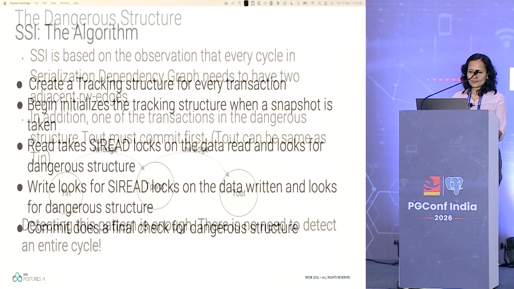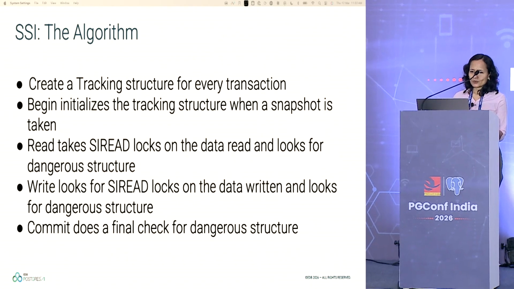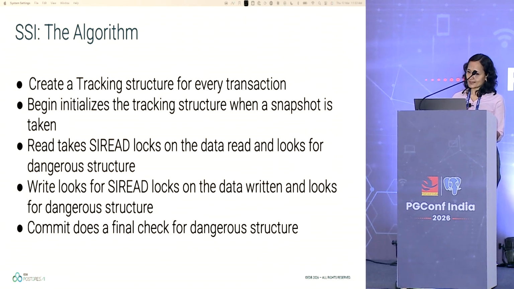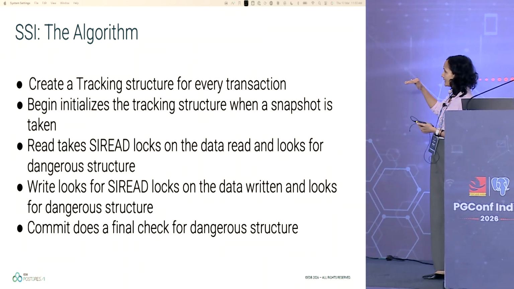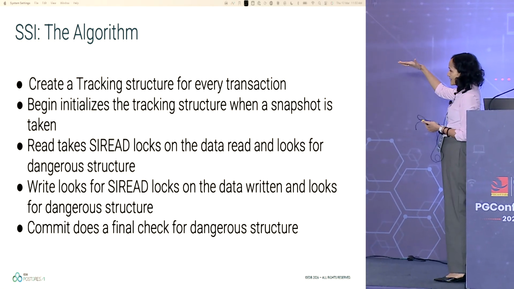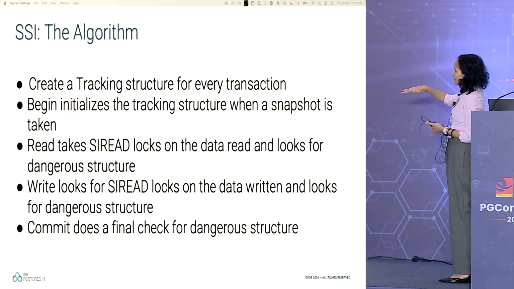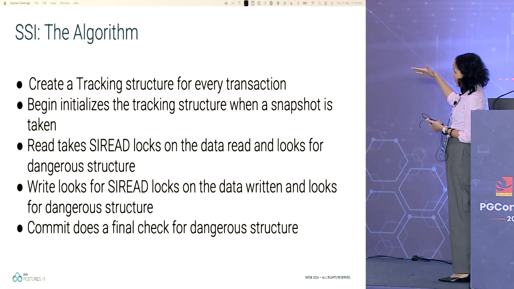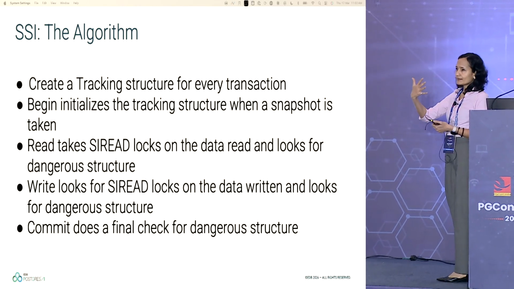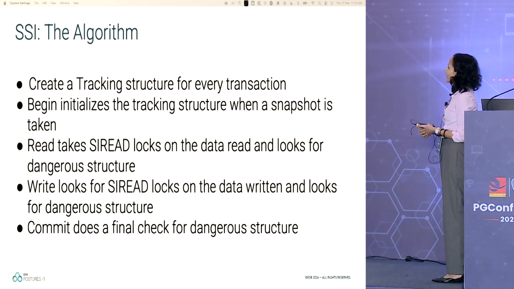And essentially, it means that we create a tracking structure for every transaction. SSI essentially is about modifying a few points during the transaction's life cycle. Begin initializes the tracking structure; this is when the snapshot is taken.